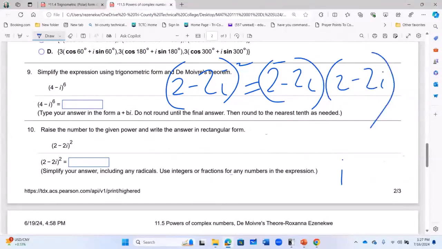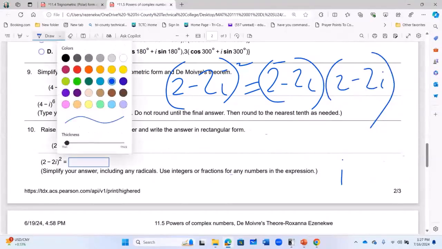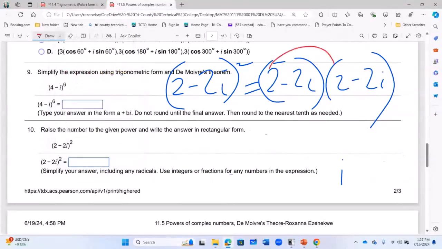Now that I have done it this way, I can FOIL. So foiling it, I multiply this and this, and this and that, and I get an answer.